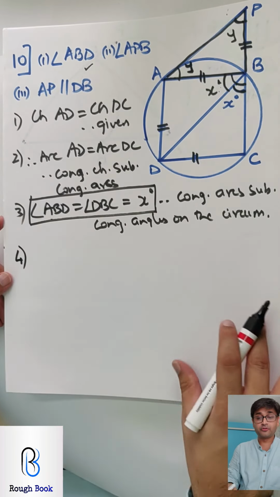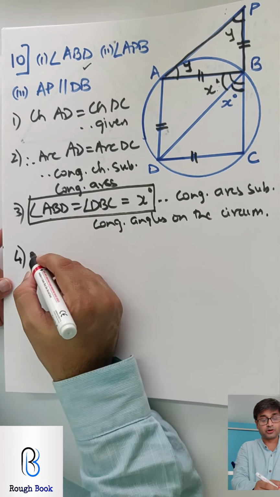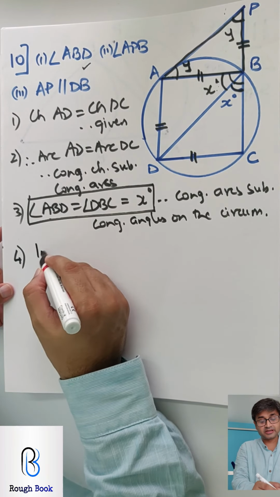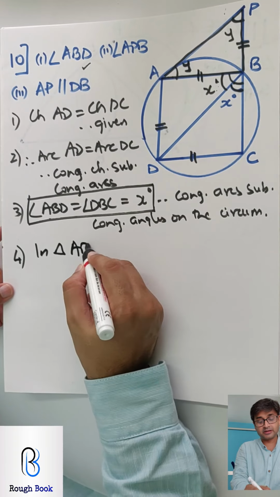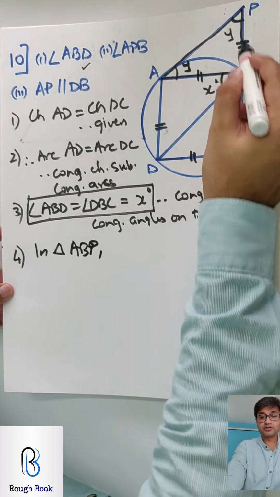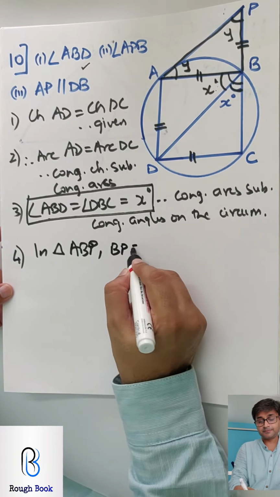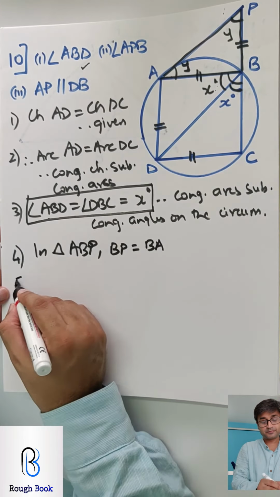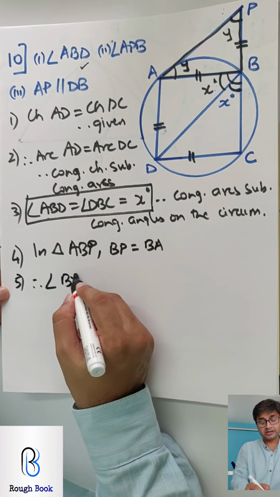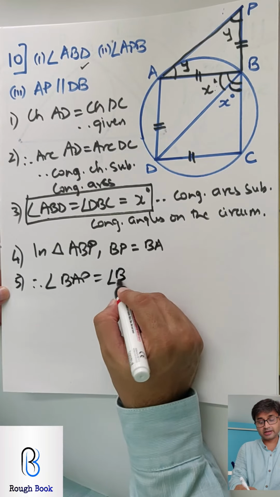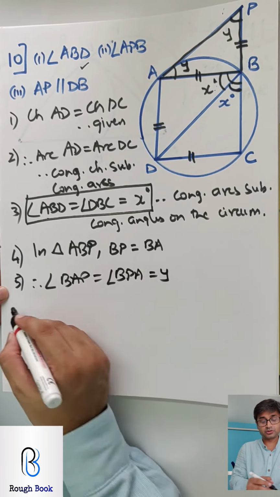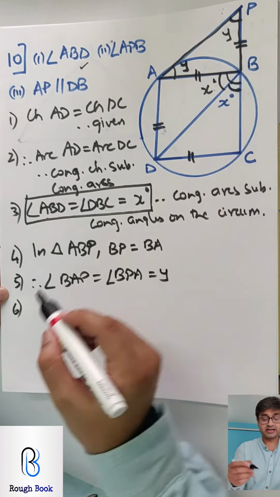Wait, I will help you. If you've not got it, let me write, that will help you to understand. So focus. So I will say in triangle ABP, this one, BP equals to BA, and therefore angle BAP equals to angle BPA equals to y. So we set these base angles as y.